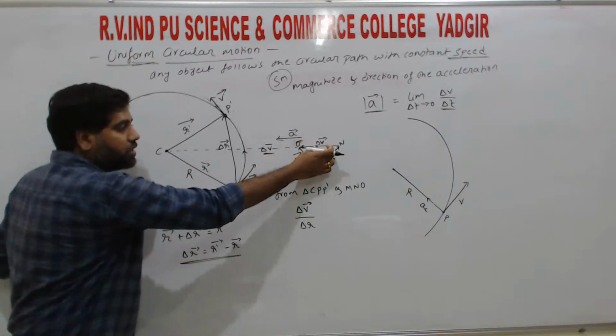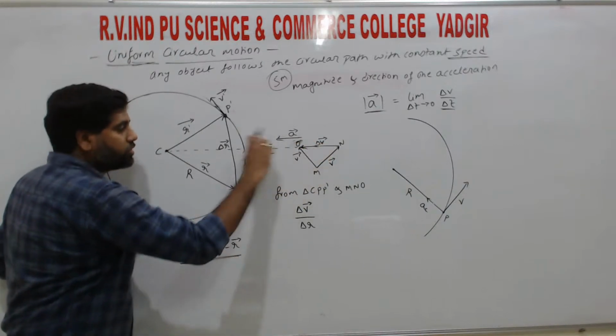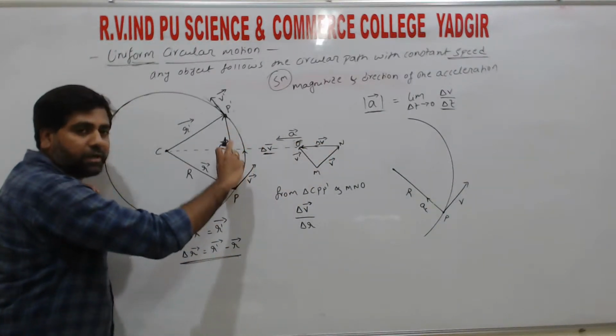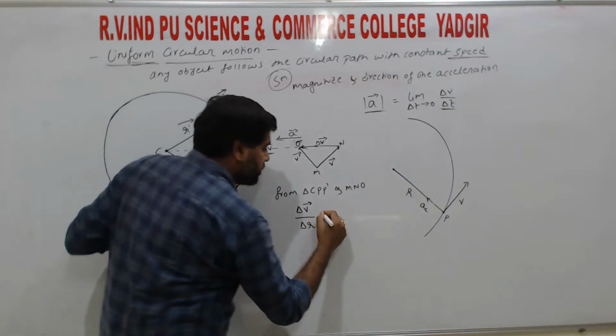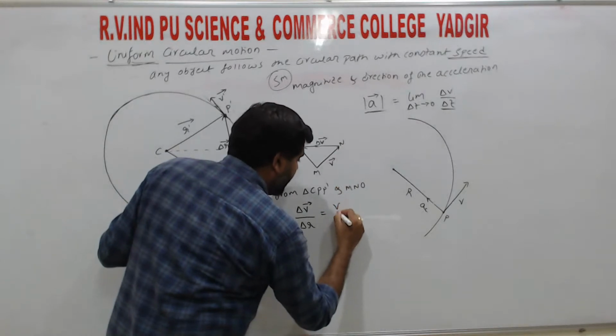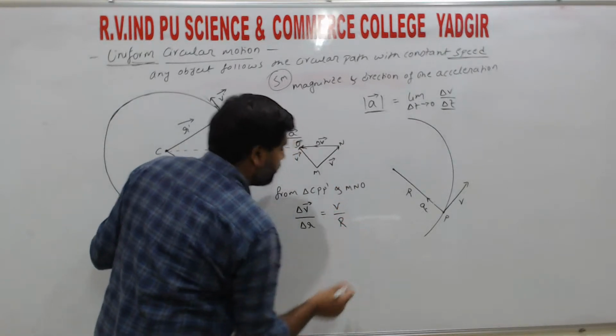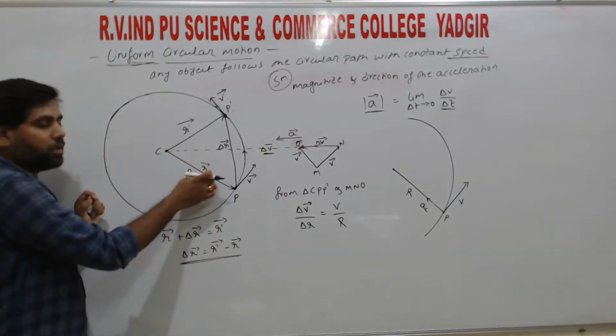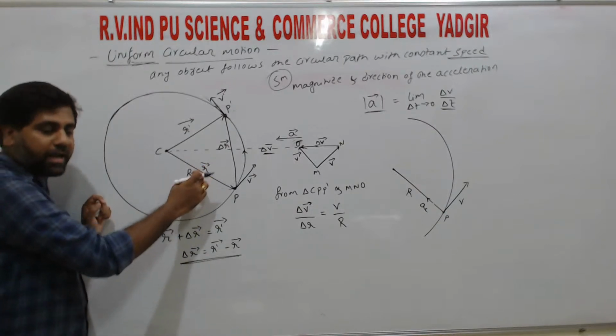This one is the change in velocity, and this one gives the change in displacement. That is equal to the next one, the velocity V divided by R, where R is the magnitude of the position vector R dash.